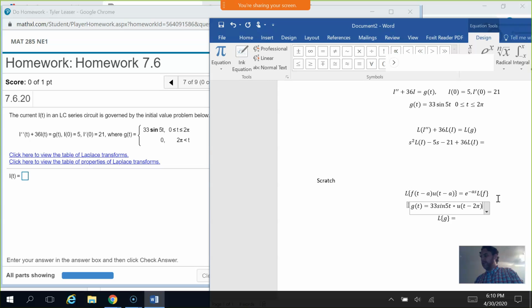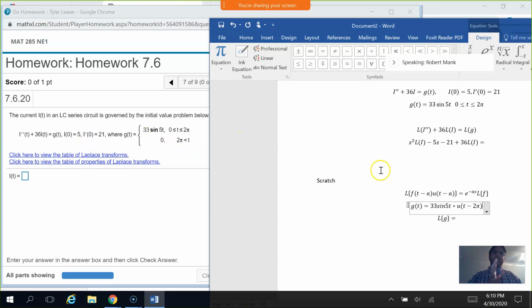It had me do some weird stuff at the beginning of 7.6 where instead of the 5t, it'd be 5 parentheses t minus something. We don't have to do that here because we are starting at 0.